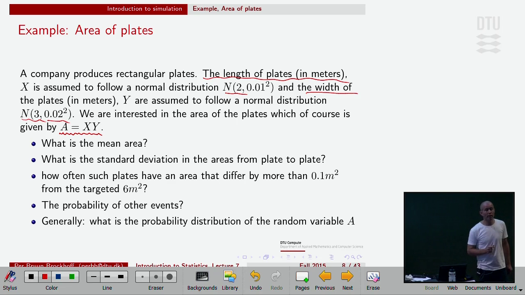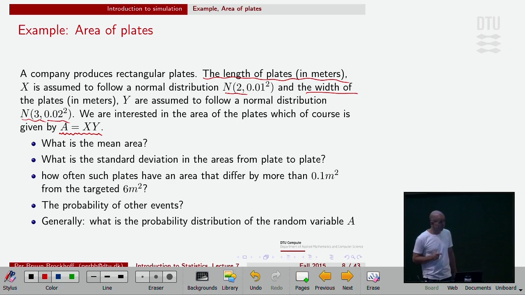The length is random, the width is random, so the area is also random, right? And the area is a random variable which is a function of 2 other random variables, right? And the tricky part is, this is a nonlinear function, right? It's x times y. That's a nonlinear function.